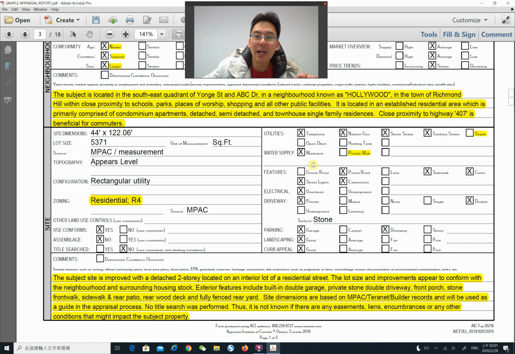And the water supply may not be from the municipal system, so there may be a private well. This type of property, depending on the lender, might cause problems. So if you find out that the property is on well water or a septic tank, talk to your lender. They may or may not approve your deal. Okay, but just talk to them.